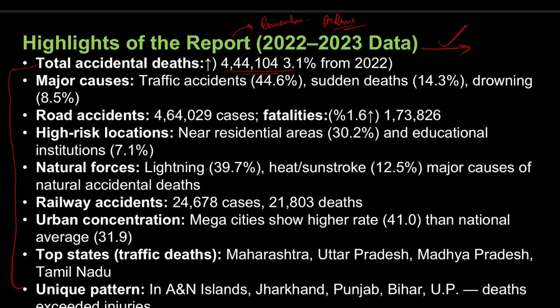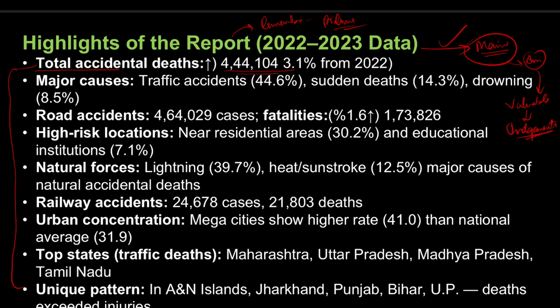The trend is very important for your mains examination, because it helps you write a better answer and also supports your judgments. So let's try and ascertain these data.